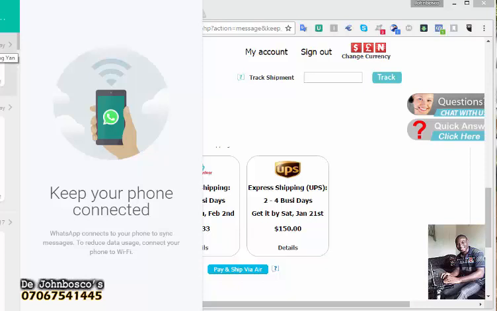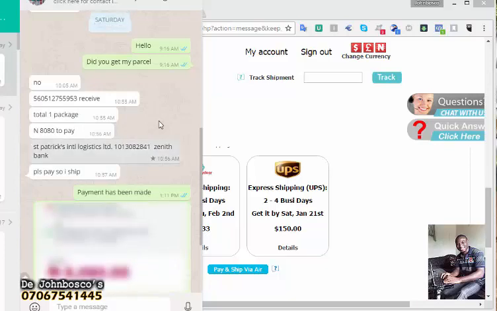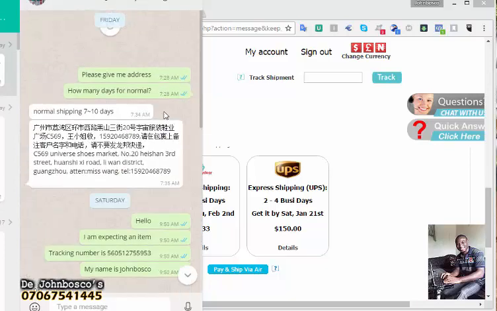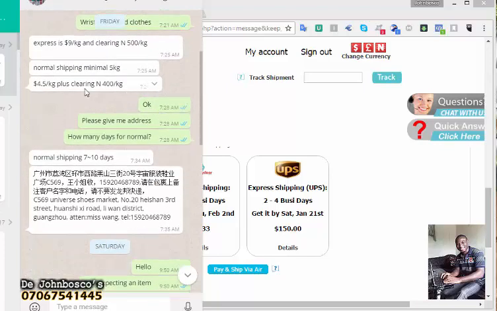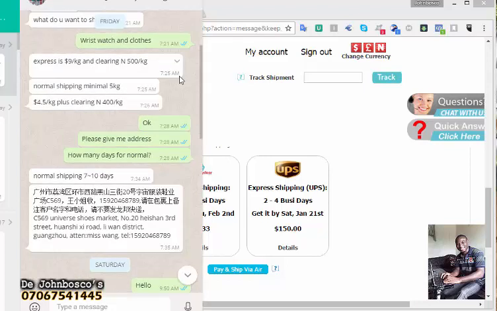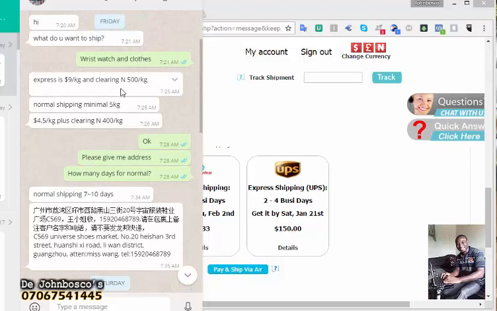The express shipping is $9 per kg and 500 naira clearing fee per kg, and in less than 48 hours you should have this in Lagos. Now, for normal shipping it takes a couple of days, just a week plus. Sometimes it can be 6 days, but the specification is 7 to 10 days, and you'll be charged half the price.